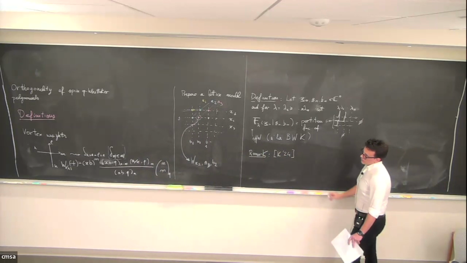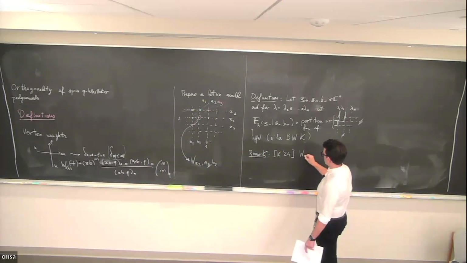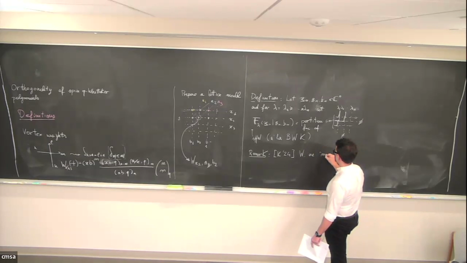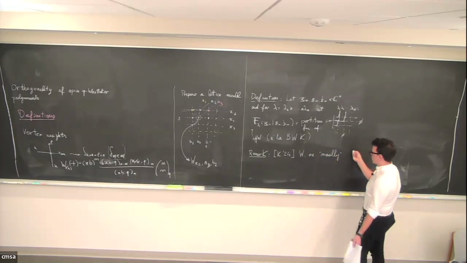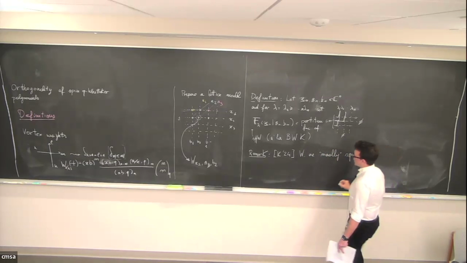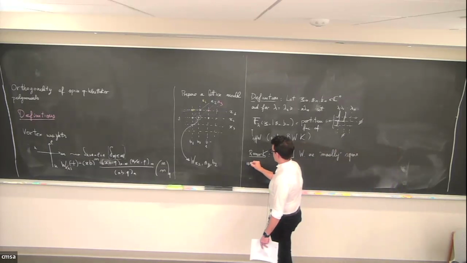That the vertex weights W with some parameters are morally square roots of an R matrix.